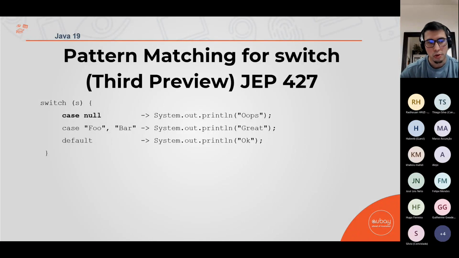Before that, if you had an object in the switch and it was null, you got a null pointer exception. Now, if you have this case null, you do not get an exception. You have, for example, System.out.println("oops"), so you have a catch for that. But be careful, because if you don't create this case null, you keep receiving a null pointer exception, okay? So you have to create this case null.